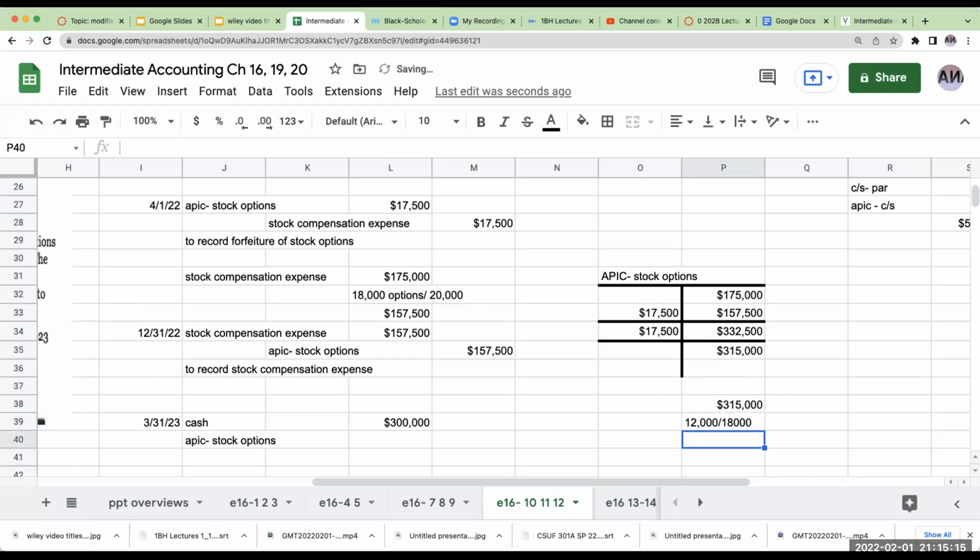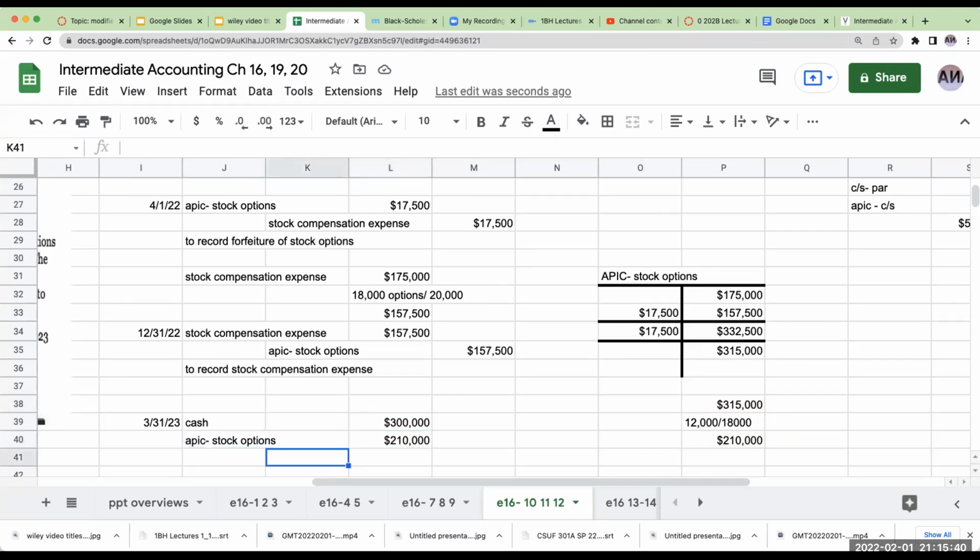So over here, if I take 315, because remember 2,000 were forfeited, this is going to give me 210,000. So I'm going to debit additional paid-in capital stock options. I need to take this off of my books.